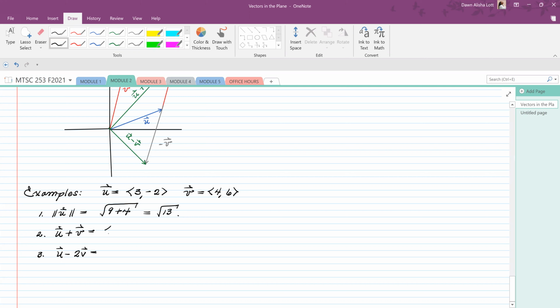Yep, just add it. So it will be 7, and then 4. Good. That's it. And then for the second one, it's pretty simple. It's just algebra.